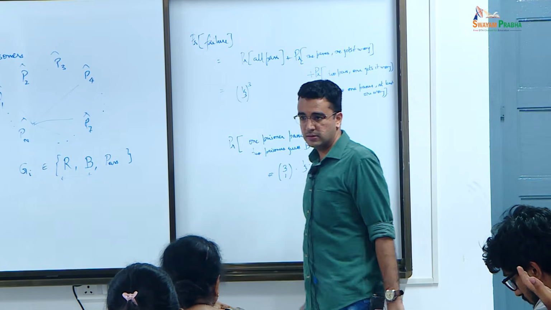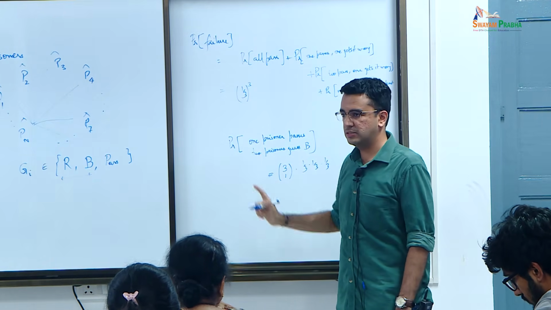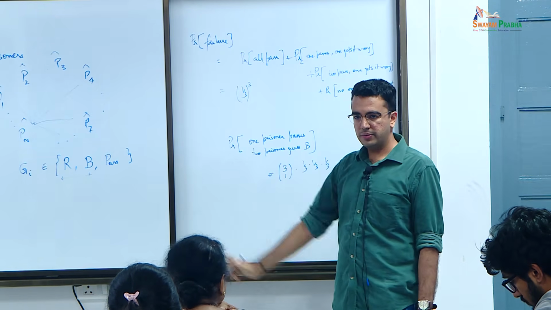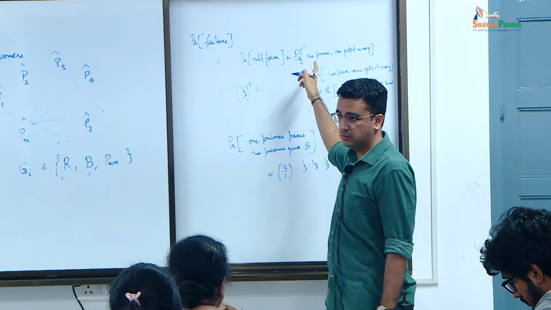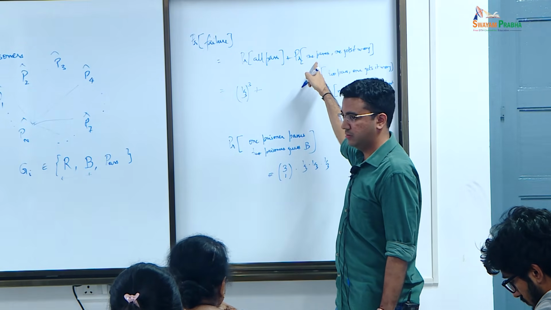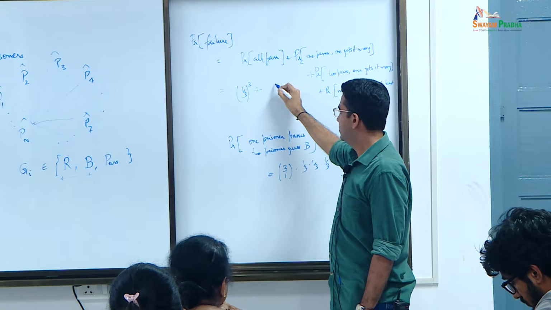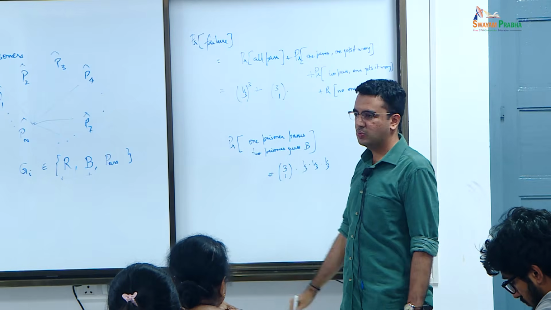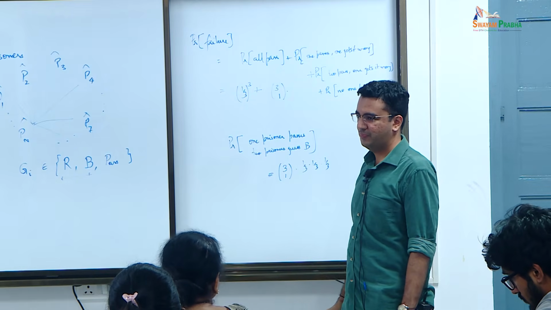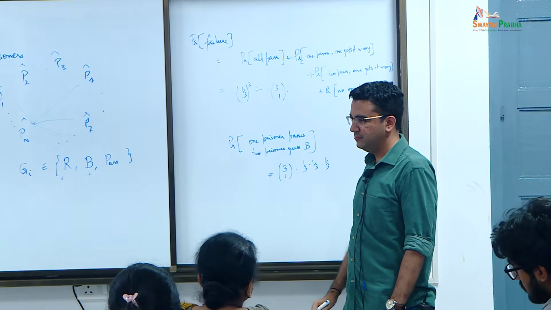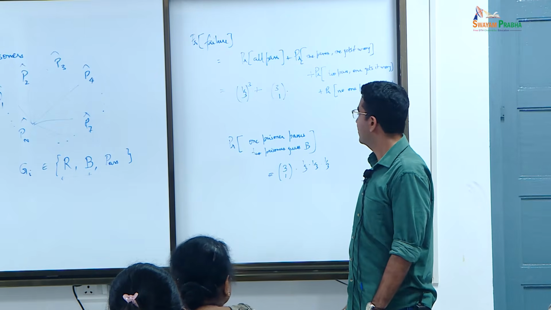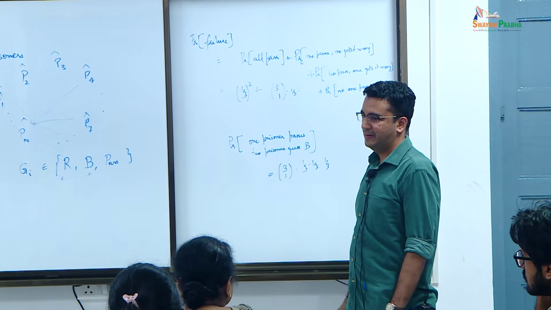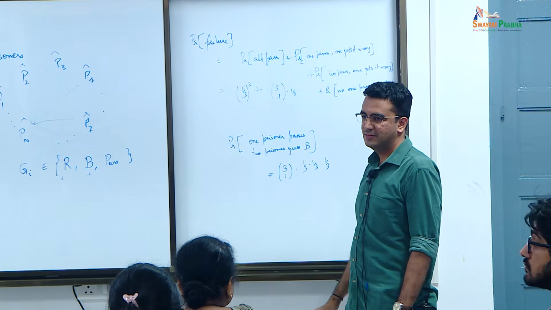Power 3. You see that? Each of those guys has to guess pass. Each happens with probability 1 by 3, 1 by 3 into 1 by 3 into 1 by 3. We choose one again. Out of the two, one should differ.